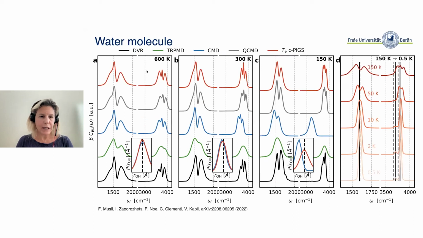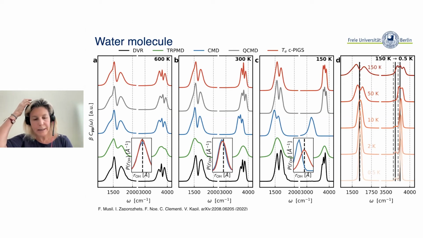In red are our results, and in gray is the most accurate quantum simulation we can do as a comparison, and they agree perfectly well. In addition, because of this trick, we can go to very low temperature, to cryogenic temperature, with good agreement with experimental data.